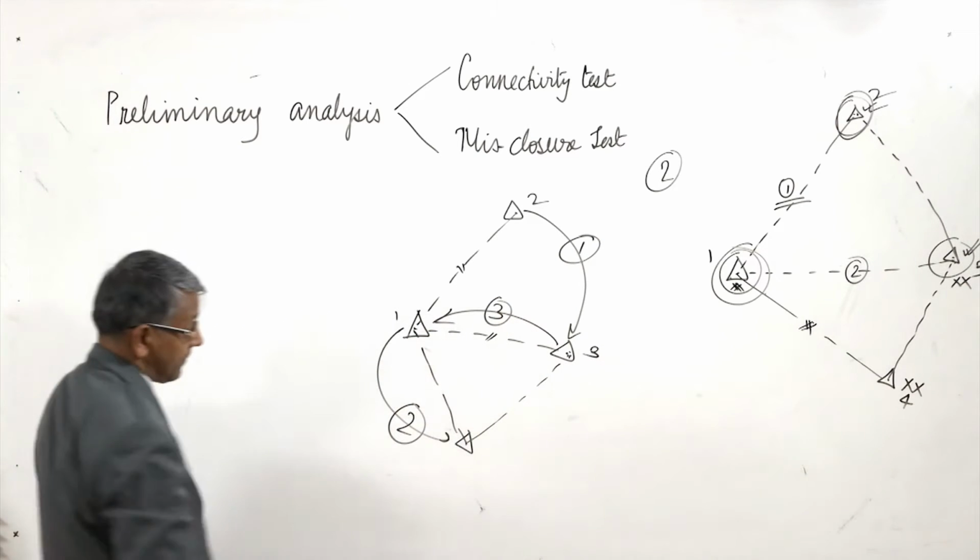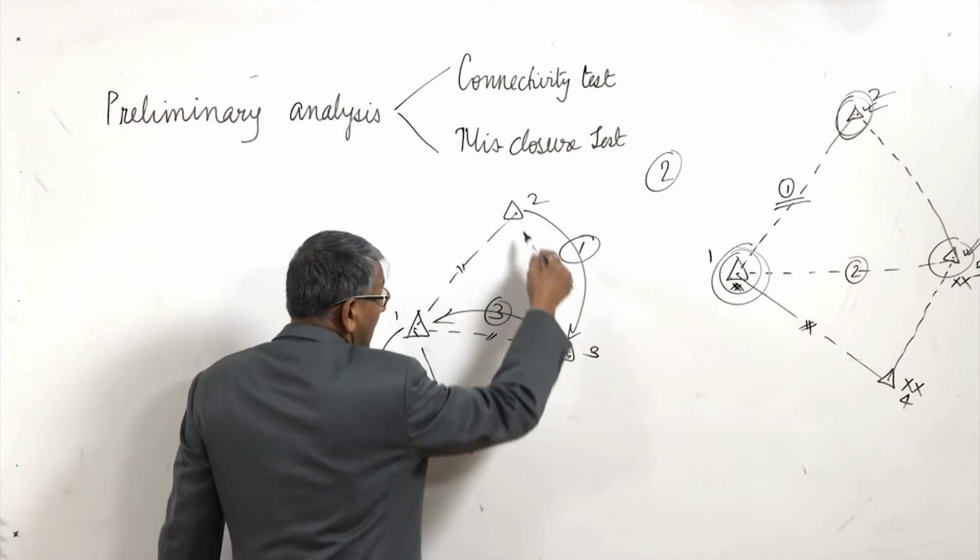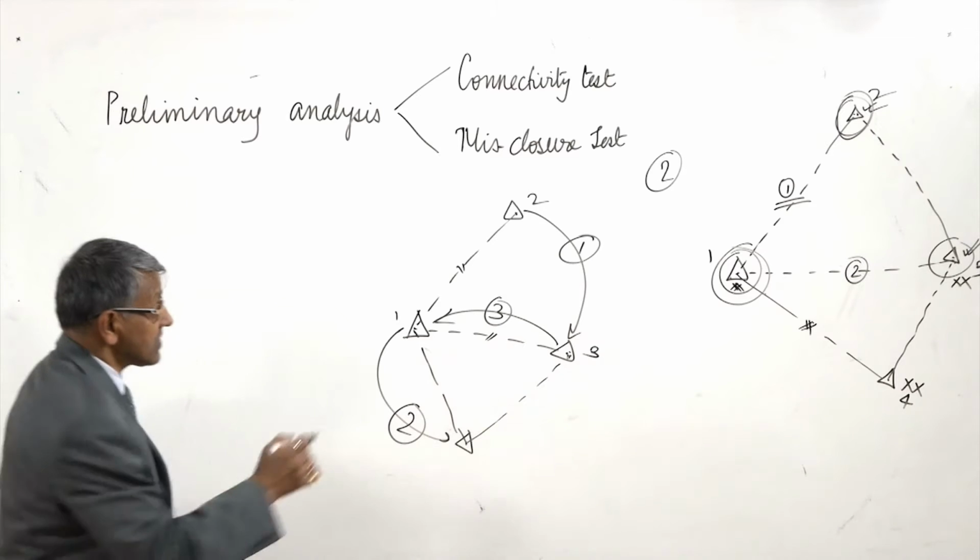Now if the observation is like this, you can see there is no overlapping observation between 2 and 3. Now this is open.